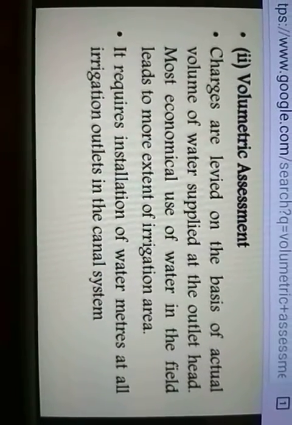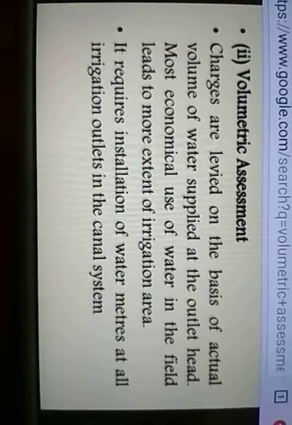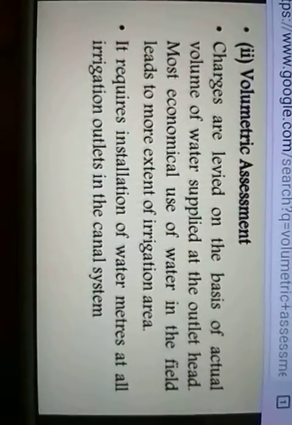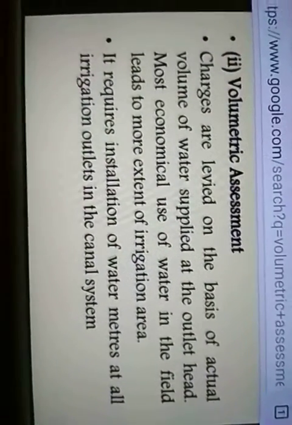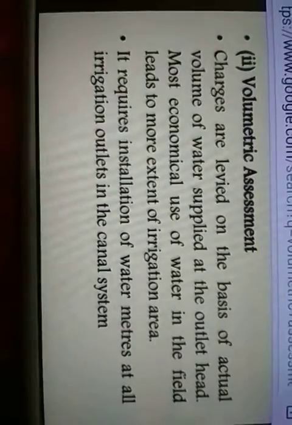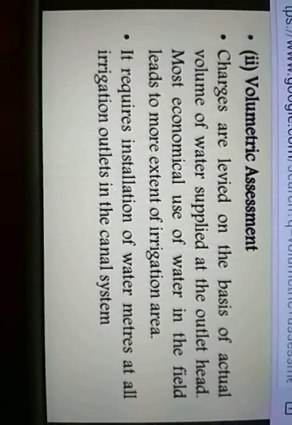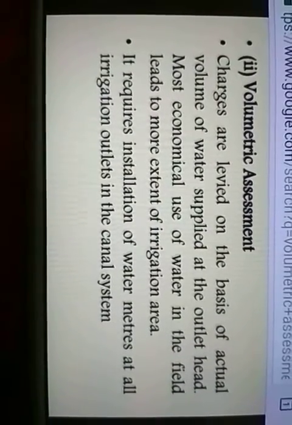It is preferable that cultivators should use the water in a proper manner, so that economical use of water takes place.